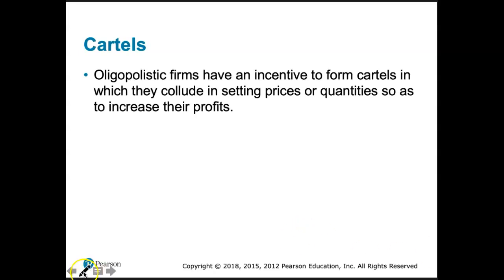Okay, so a cartel tends to fall under oligopolistic firms.